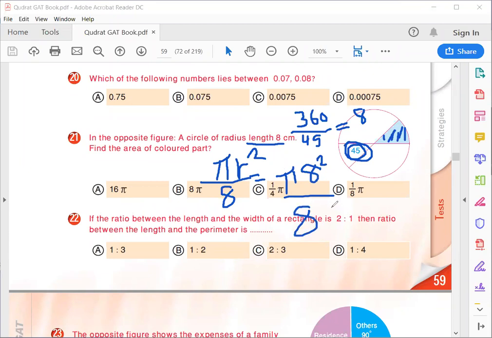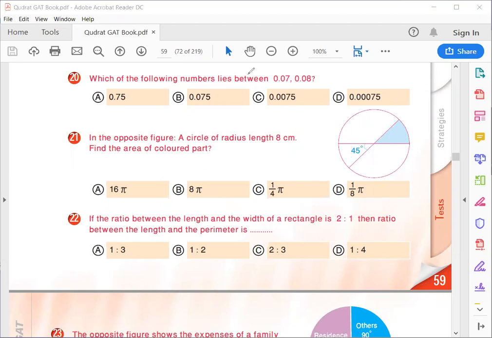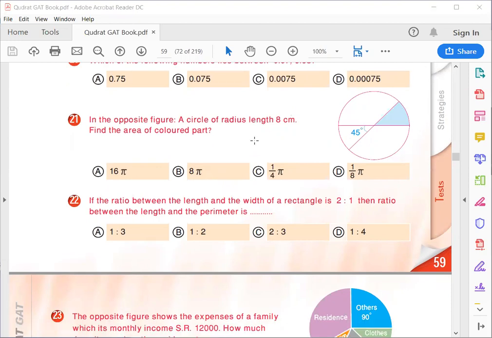Then I simplify 8 with the first of them here 8. So the answer is 8 pi. So the answer is B. Is it clear? Right.